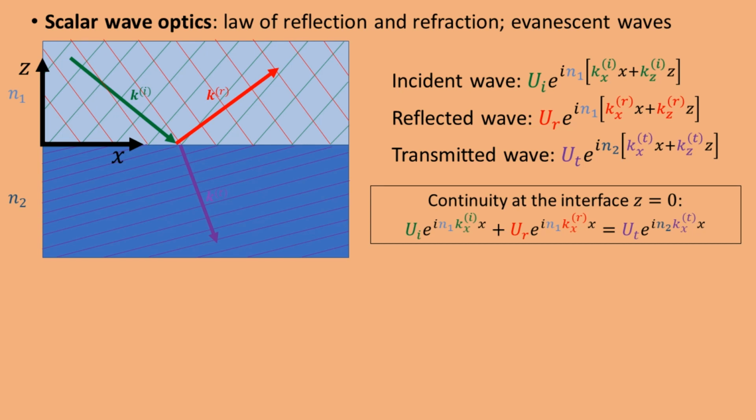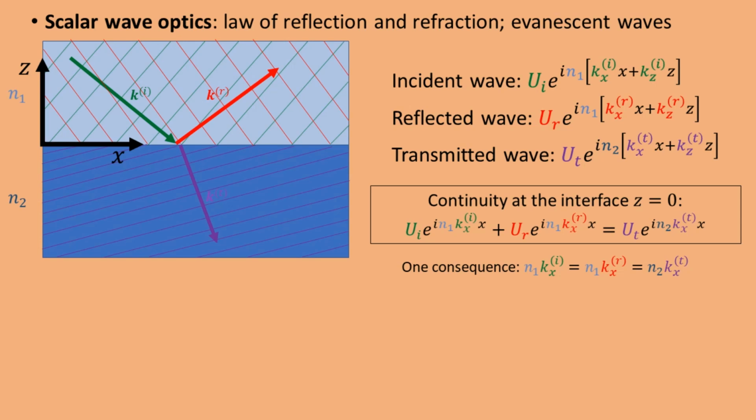One thing this means intuitively is that the wavefronts of the incident, reflected and transmitted waves should connect at the interface. Mathematically, it means that the complex exponential should be the same, so n1 times kxi is equal to n1 kxr is equal to n2 kxt. In other words, the tangential component of the k-vector should be continuous at the interface.